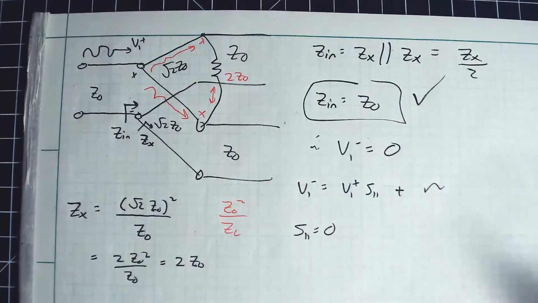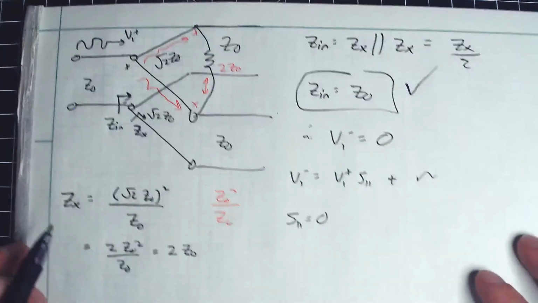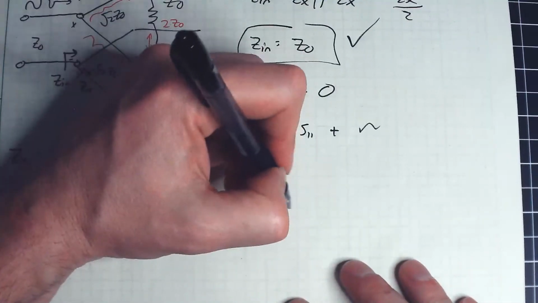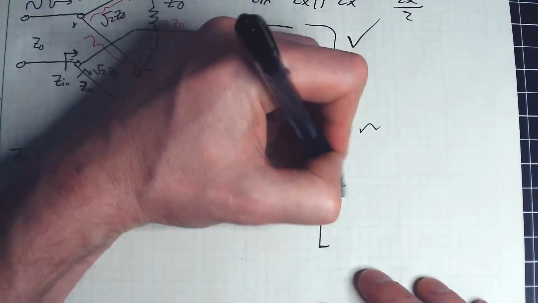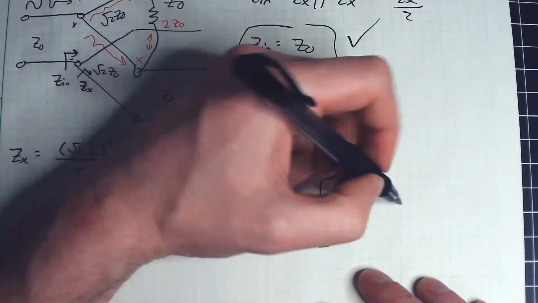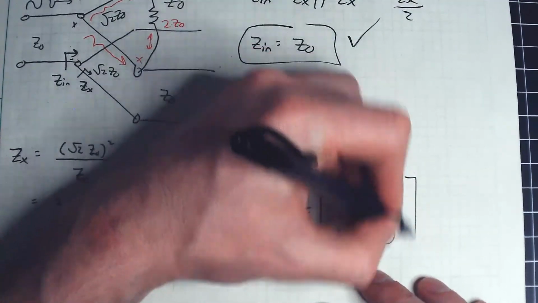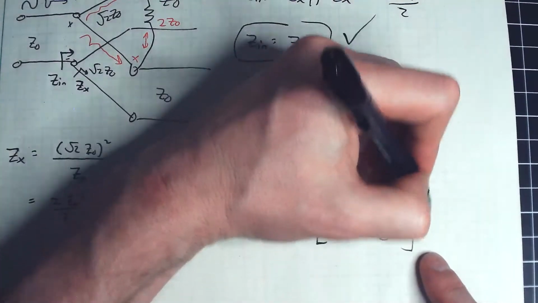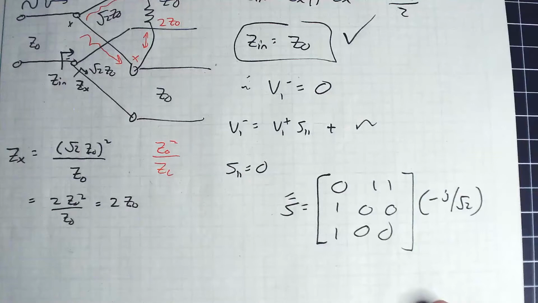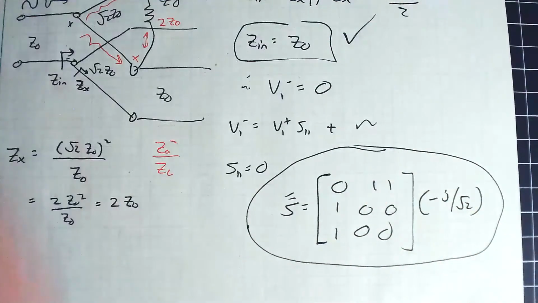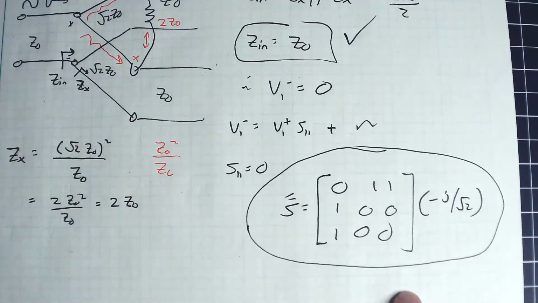Okay, so in summary, that tells us the net scattering matrix for a Wilkinson power divider will look like this: 0, 1, 1, 1, 1, 0, 0, 0, 0 times negative j over square root of 2. Okay, so that is the scattering matrix for a Wilkinson power divider.